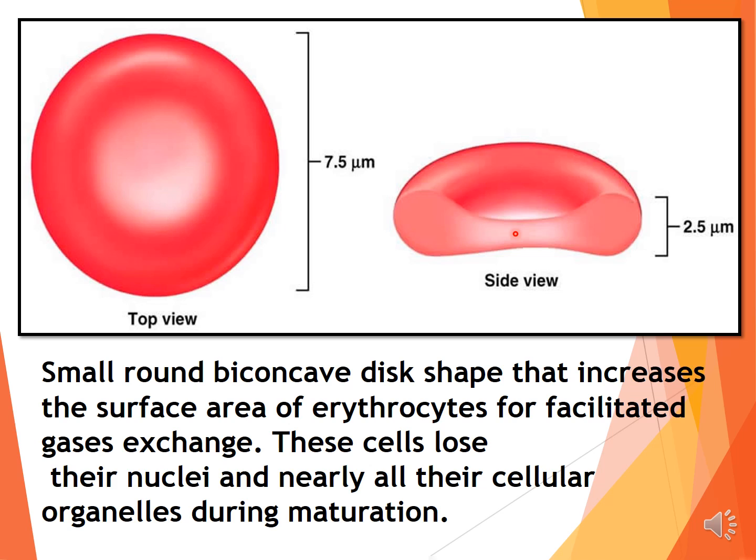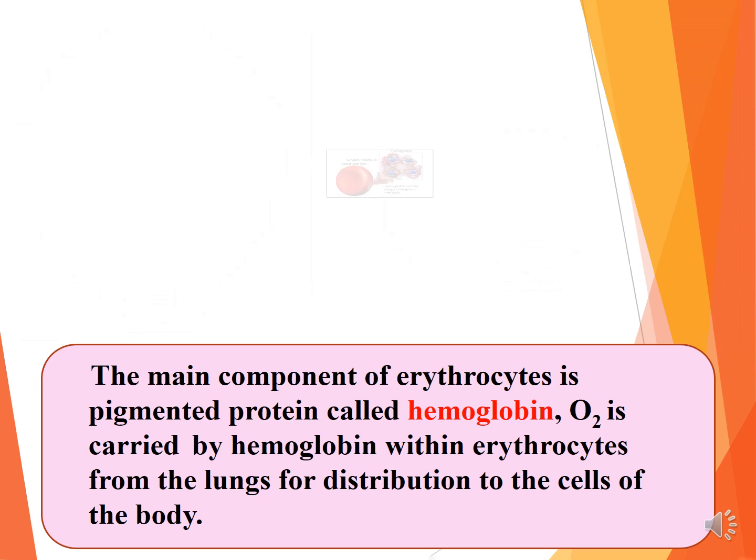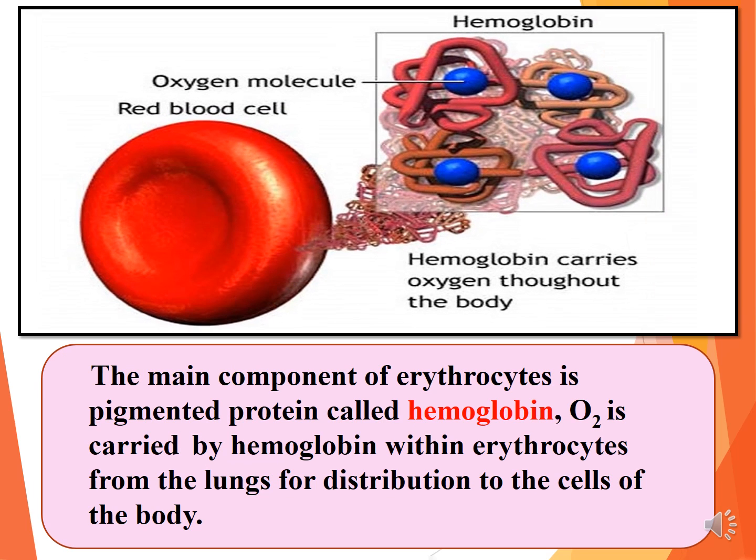These cells do not have a nucleus. They lose their nuclei and nearly all their cellular organelles during maturation. إذا نلاحظ إنه الخلايا تفتقد إلى النيوكليوس ومعظم الأورغانلز خصوصا عندما تصبح mature. The main component of erythrocytes is a pigmented protein that is called هيموغلوبين. إذا المكون الرئيسي لكريات الدم الحمر هو بروتين نطلق عليه الهيموغلوبين.